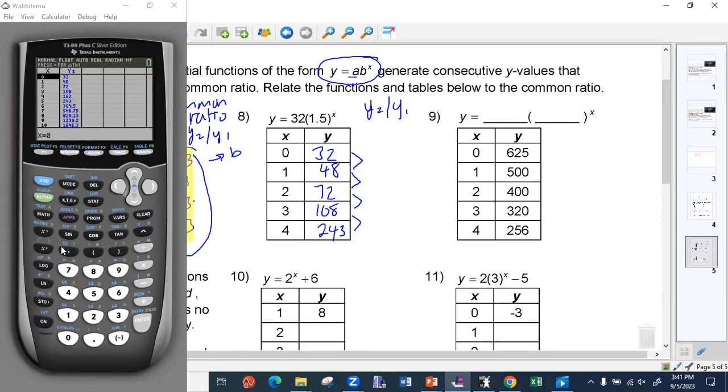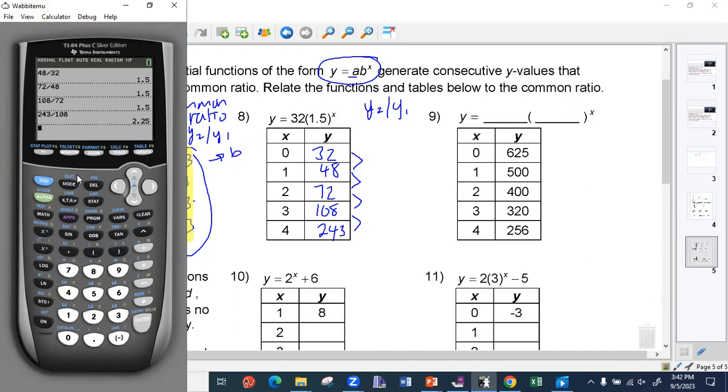So I'm going to go to the table, and I'm going to do 48 divided by 32. And I get 1.5. I do 72 divided by 48, and I get 1.5. 108 divided by 72, and I get 1.5. 243 divided by 108, and I get, oh, I did something wrong.